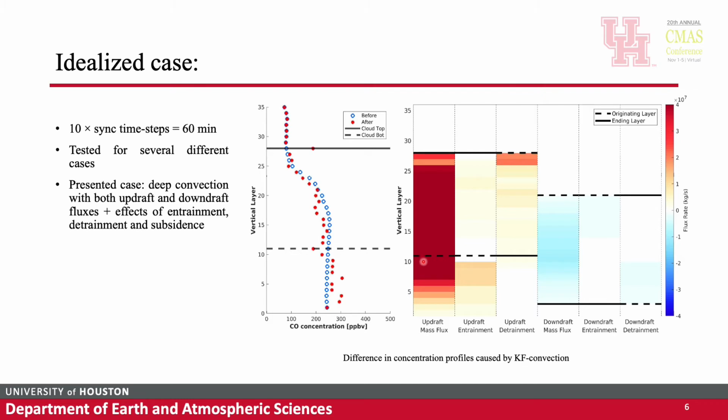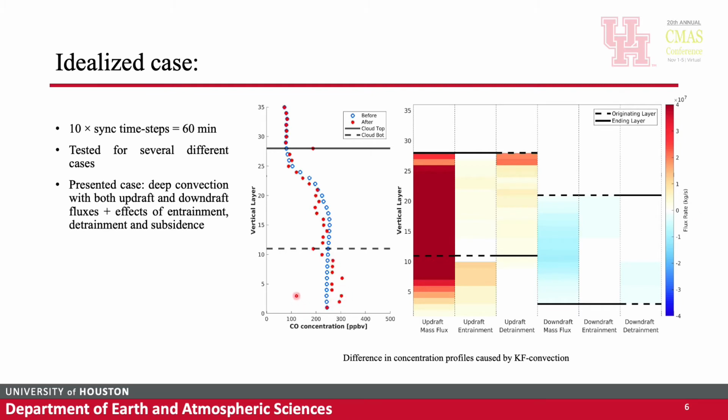The updraft impact pushes up the concentrations from the originating layer to the top of the cloud, and the downdraft flux and all the entrainment, detrainment have negative flux rates, which do the opposite, from top to bottom, reducing the concentrations in this part and increasing the concentrations in the bottom layer of the downdraft, which is over the surface.